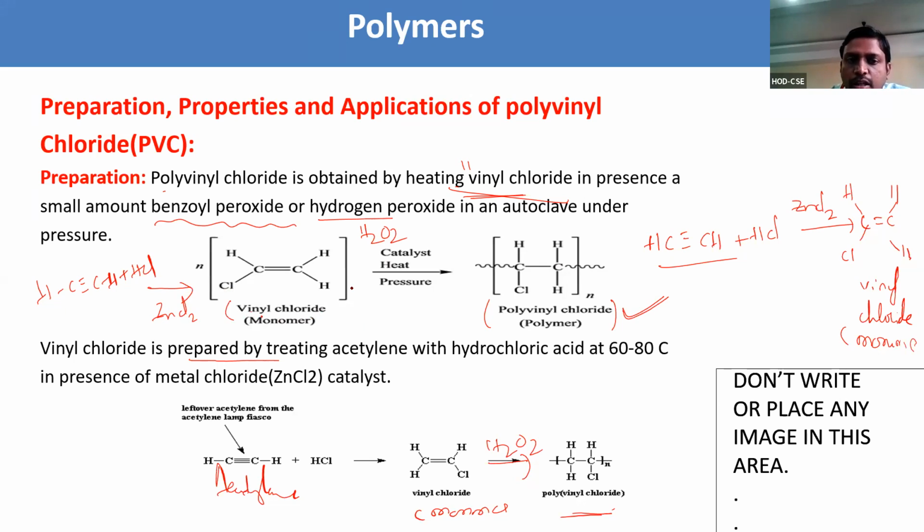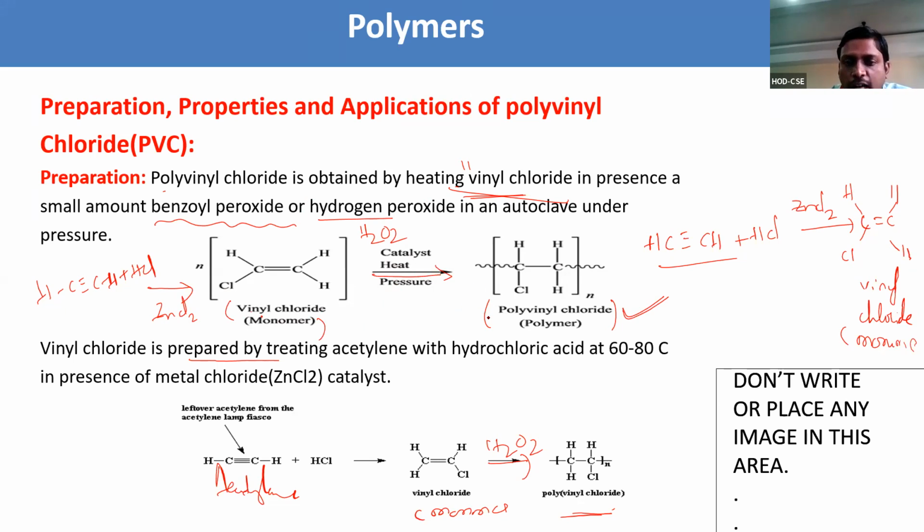We use vinyl chloride as the monomer. Polyvinyl chloride is obtained by heating vinyl chloride in the presence of a small amount of hydrogen peroxide in an autoclave under pressure.